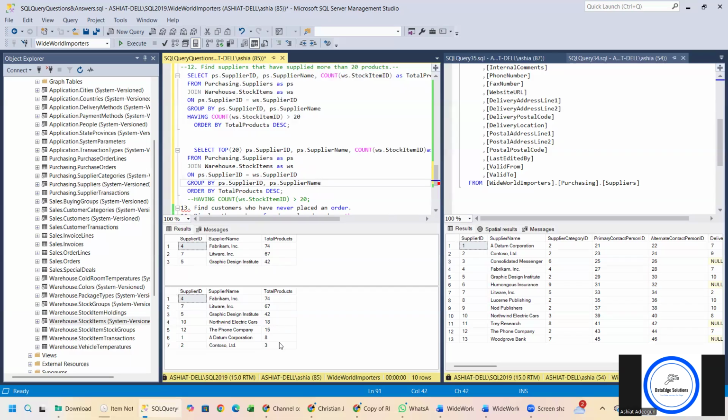The second query gave us 18, 15, 8 because we limited our information to the top 20, not the supplier names that have total products greater than 20. These are two different queries and two different questions.